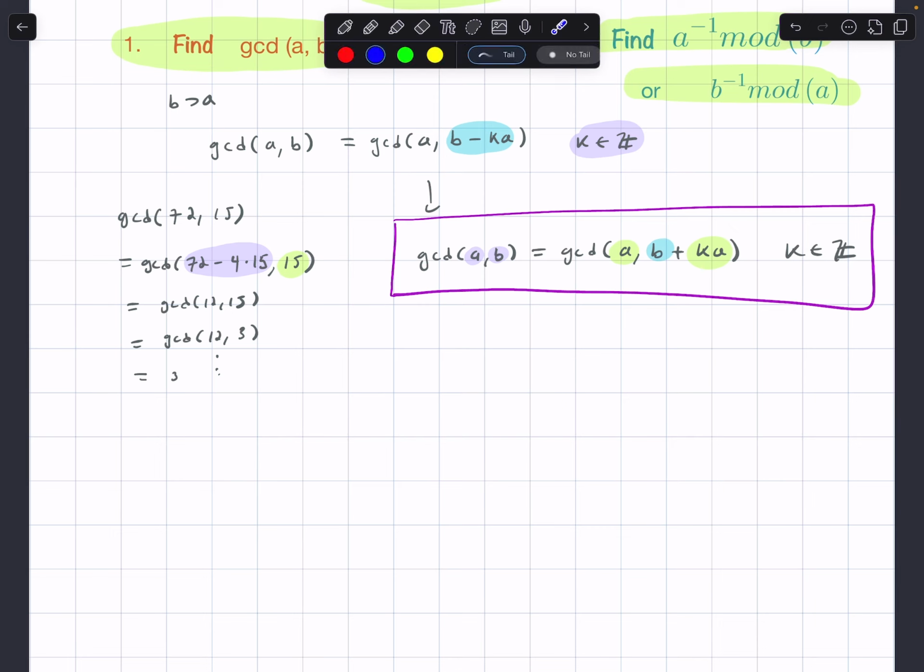Okay, so how do we prove this? Well, the proof that the GCD of a and b is the same as the GCD of a and b plus k times a.